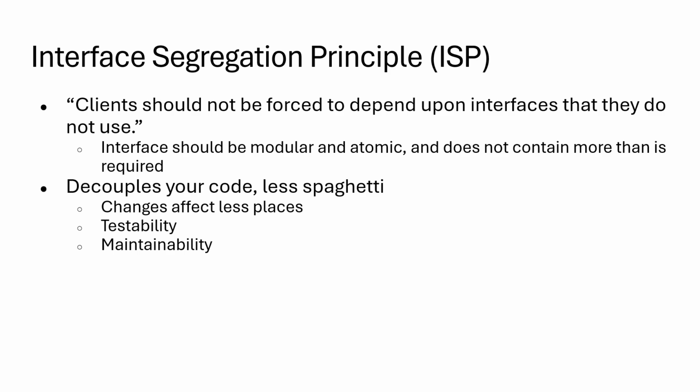And you should try to design your interfaces to be atomic and modular, so that it's easier for you to use the same interface across several different classes instead of having to design a new interface whenever you want to create a new class. What this helps you to do is decouple your code, so that different classes aren't so interconnected with each other that when you do any kind of modification or addition, it breaks the entire code base.